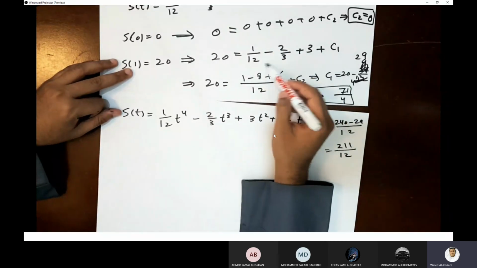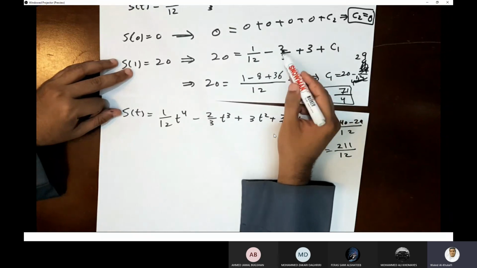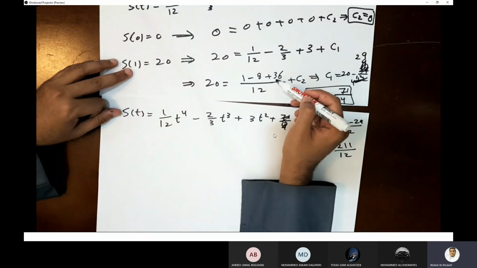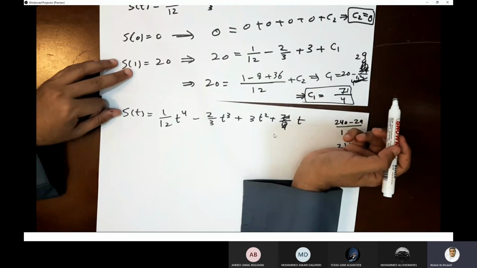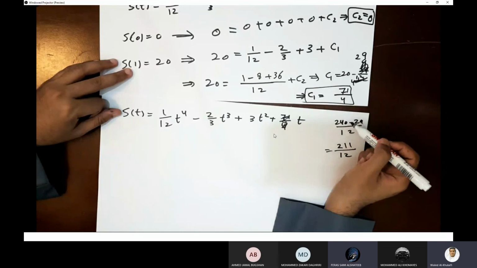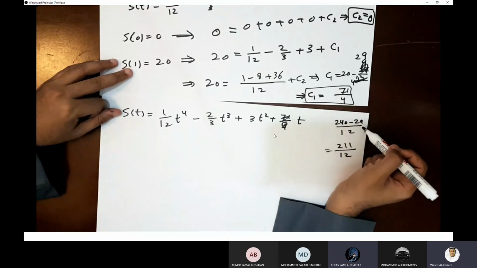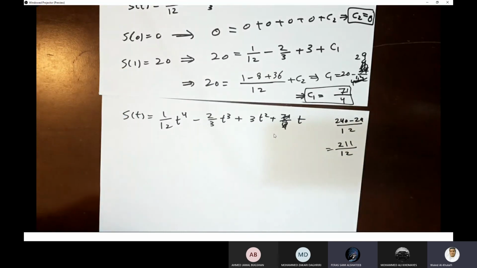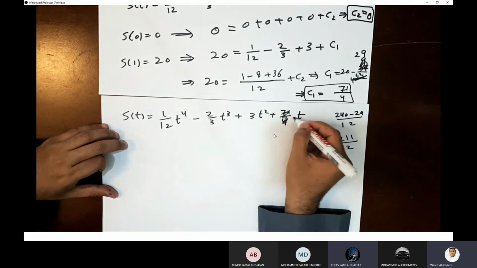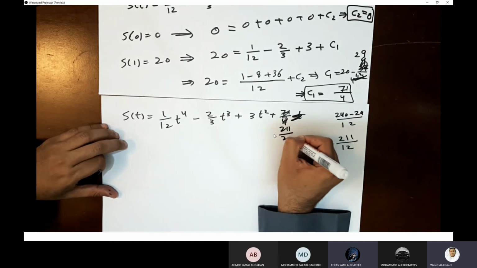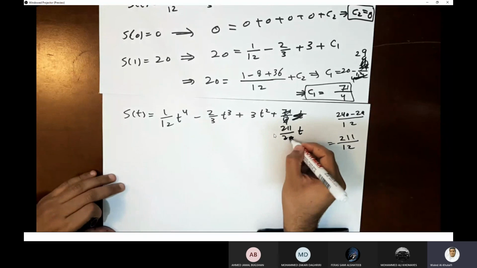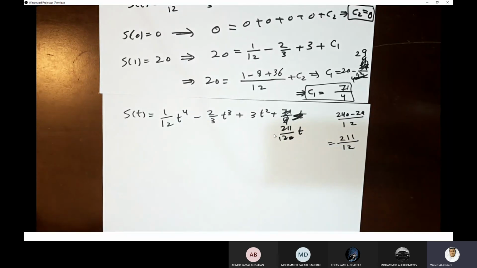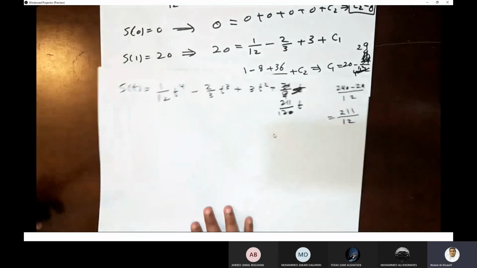So when I make common denominator 12, 1 minus 8, 12 plus 36. 28, 29 over 12. When I multiply 12 by 20, 240. Yeah. I don't think we are making mistakes here. So 211 over 12. Okay, 211 over 12.